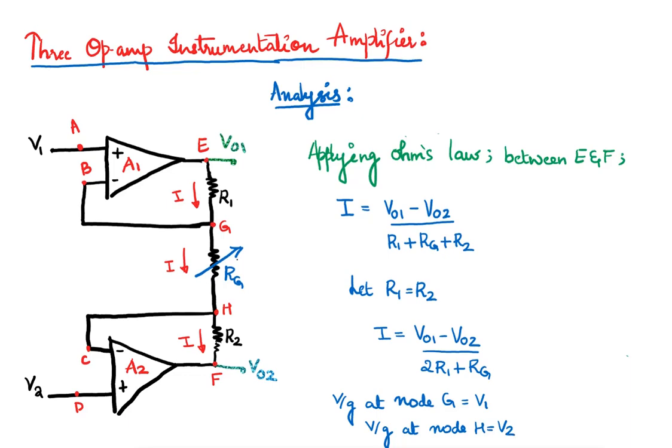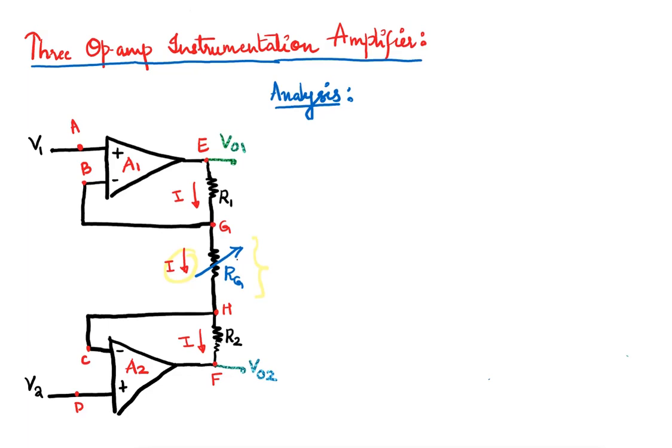Here I can consider either 2 times R1 or 2 times R2, any one of them. Because the voltage at node G is equal to V1 and H is equal to V2, I can write this as I is equal to V1 minus V2 by Rg.